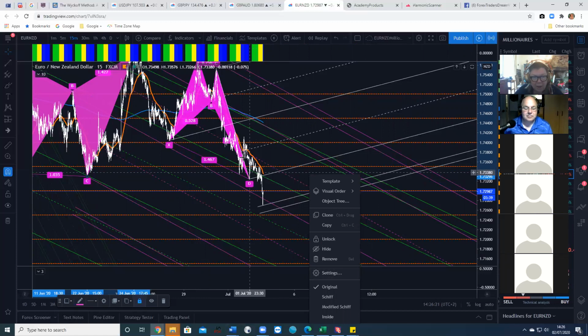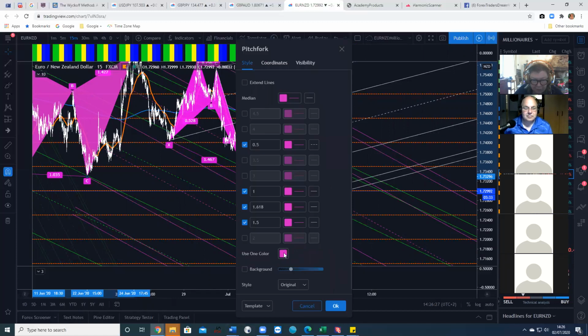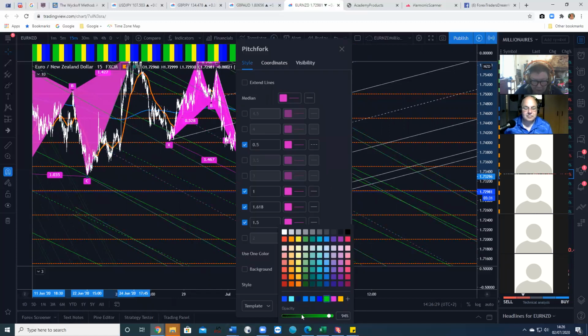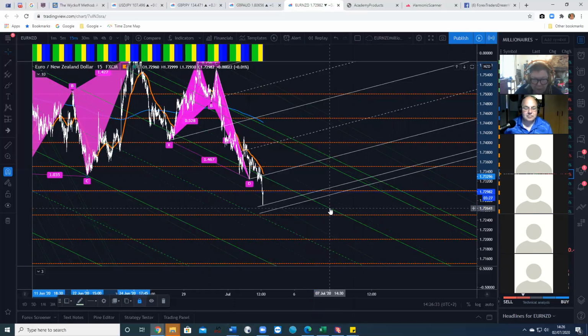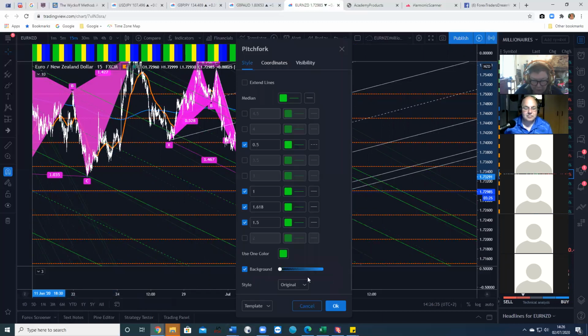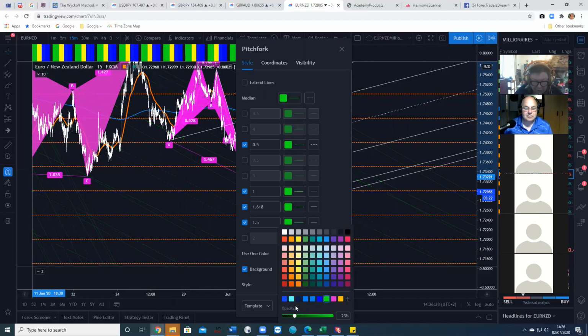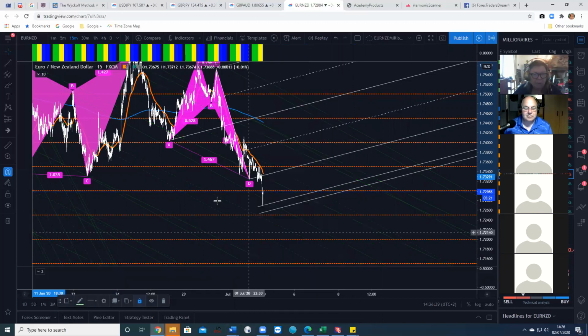So really I think that's looking like a failed scan to me if I look at it on the 15-minute. I'm just going to change that to green and fade those out, then you won't get confused. You just need to look at what scan you're currently working with, decide which one you're working with and fade them out.